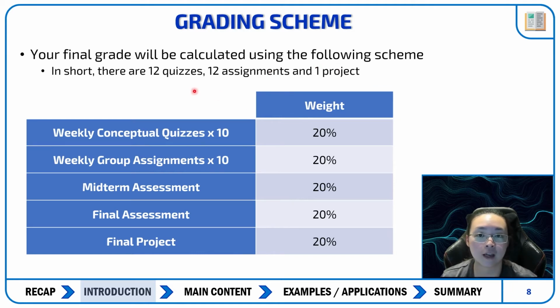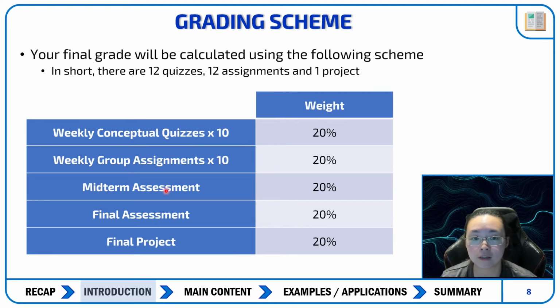The key thing is I want to keep the weekly schedule the same. For the first 5 weeks, there's going to be conceptual quizzes and group assignments, and those are going to be worth 10%. Then the 6th quiz and the 6th assignment will create your midterm assessment.